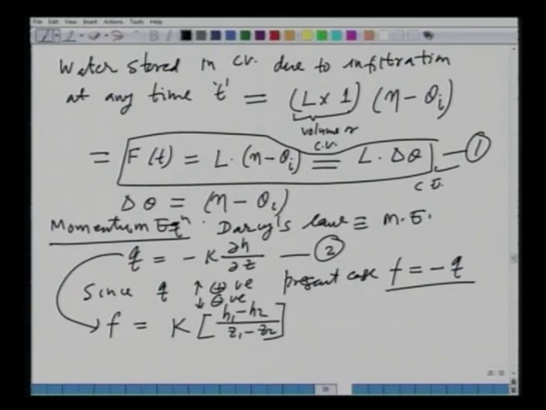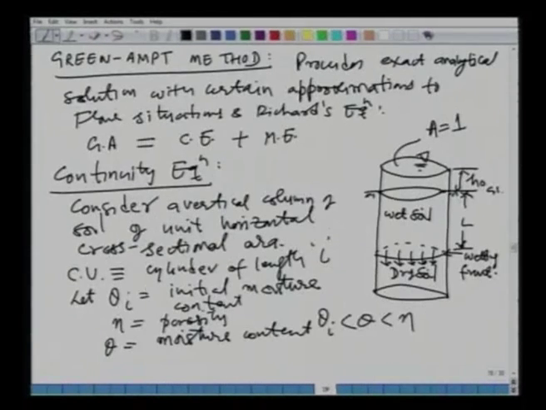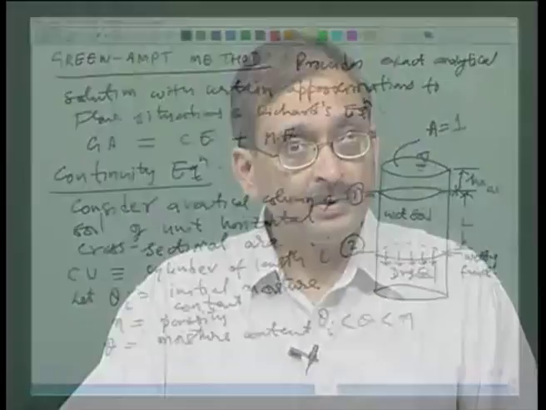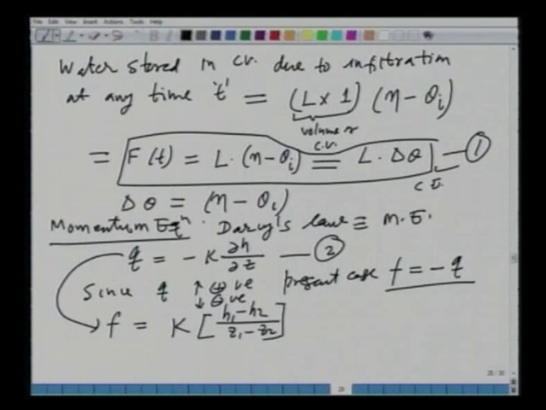Now let me go back to my previous slide. This is your cross section 1 and this is your cross section 2. So we will write the del H del Z term between these two cross sections 1 and 2. At 1, for example, what is H1?